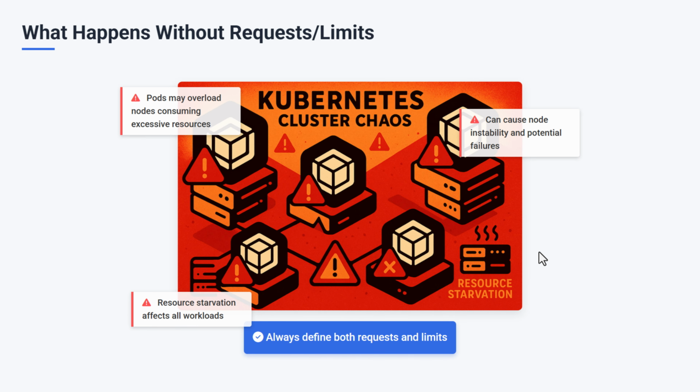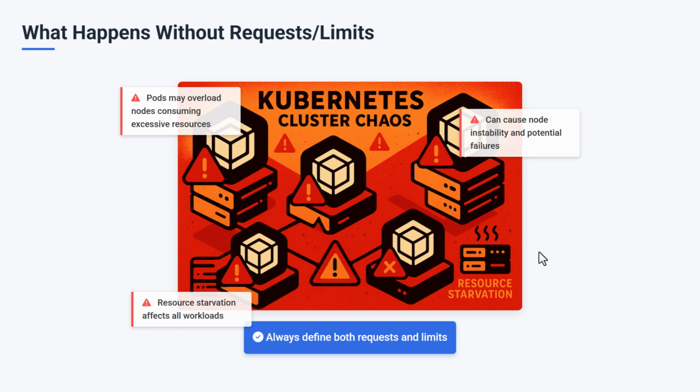Alright, now let's look at what happens when you don't set resource requests and limits. This is where things get messy. On this slide, you can see the idea of cluster chaos. And honestly, that's exactly what happens in real life. When a pod doesn't have a limit, it can grab as much CPU or memory as it wants.